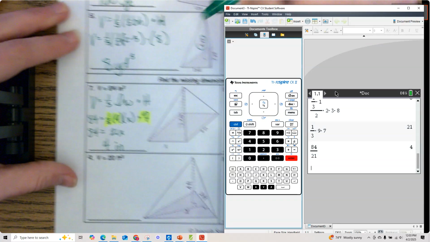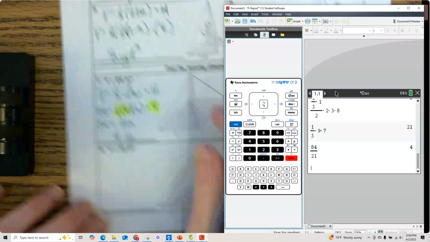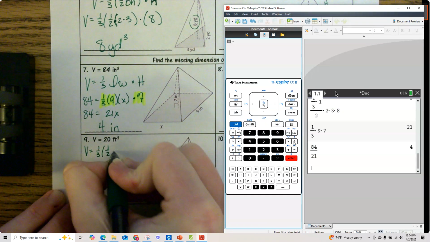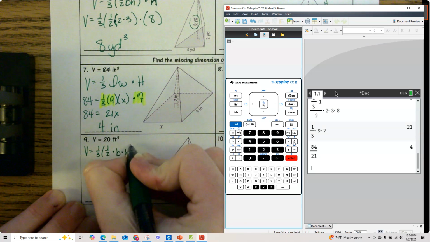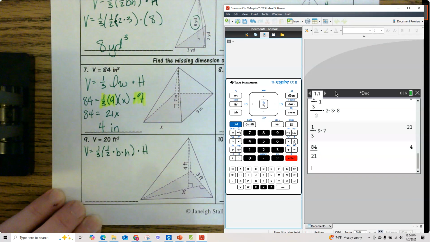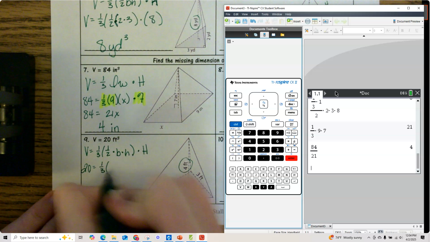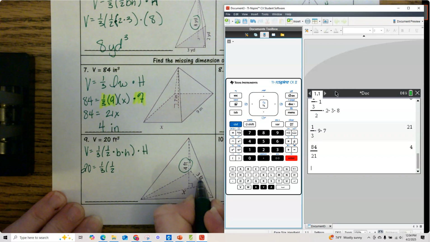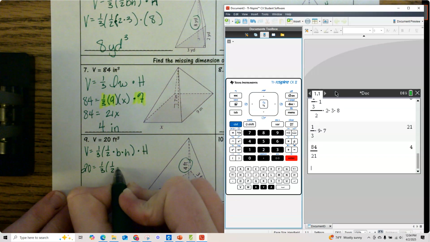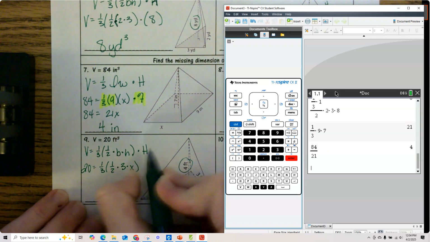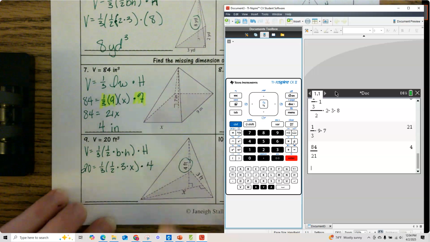All right, now we have a triangular pyramid on number 9. So volume equals 1/3, and then 1/2 times base times height, and then times the big height. Big height here is 4. So now we can go fill in everything else. So volume is 20. The base and height are 3 and X. And then the height is 4.